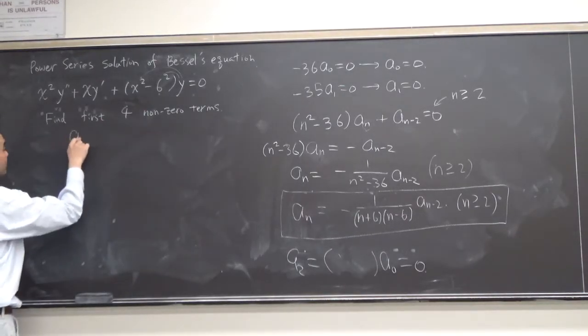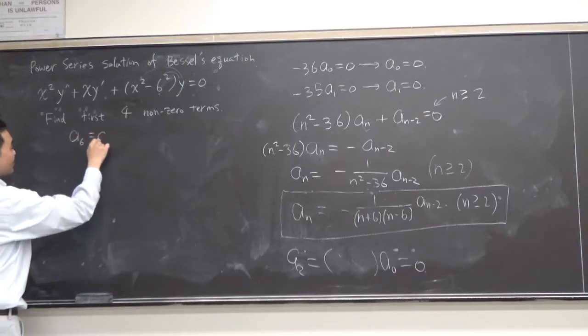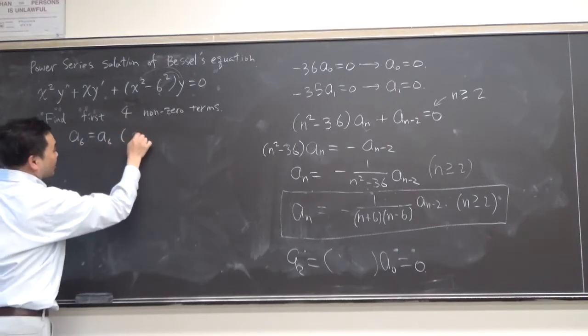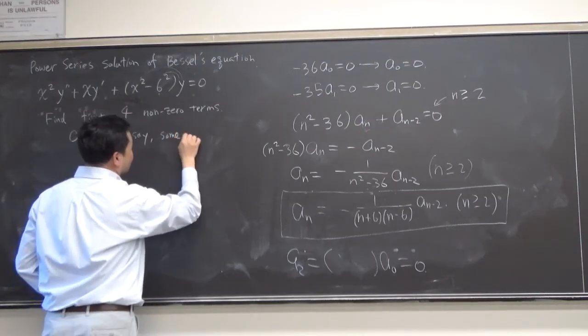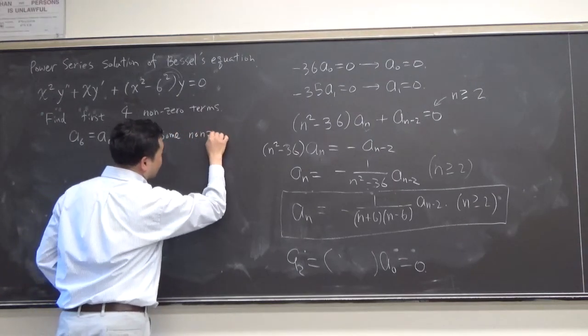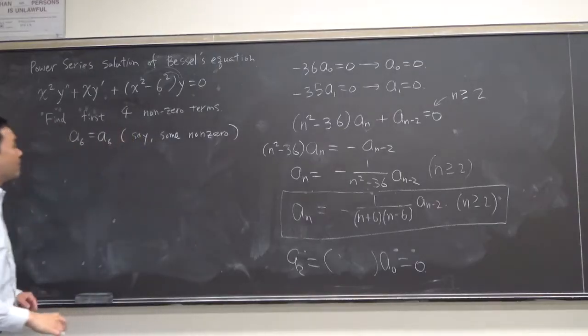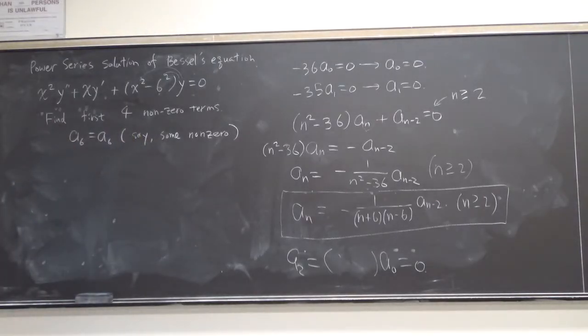So A6 is A6. Now let's call this some non-zero value, okay? Then, well, A7 will be 0, because A5 is 0.